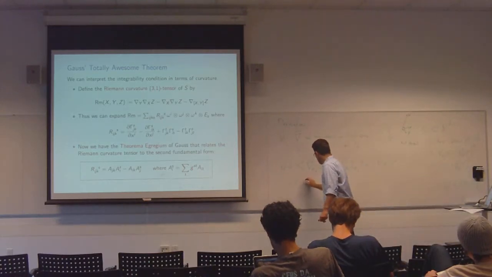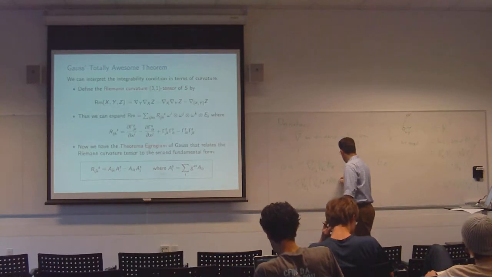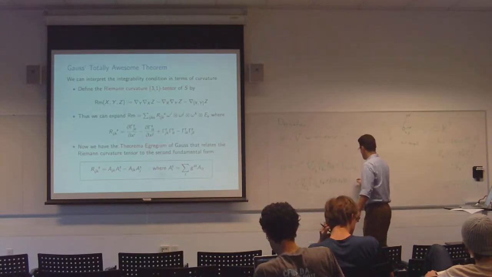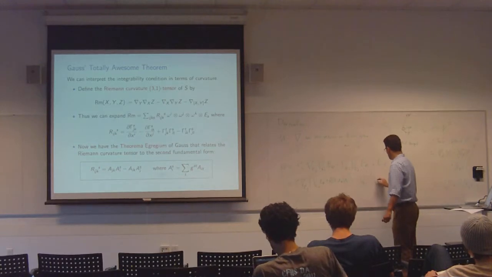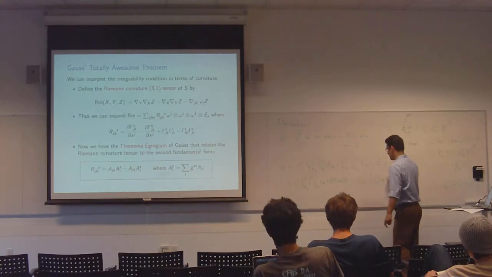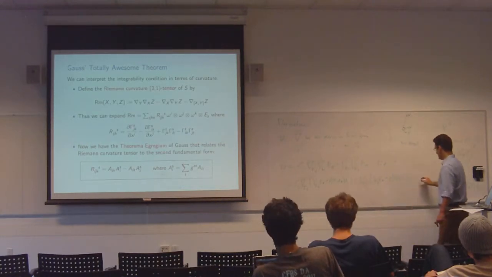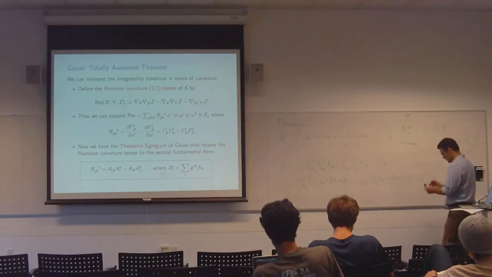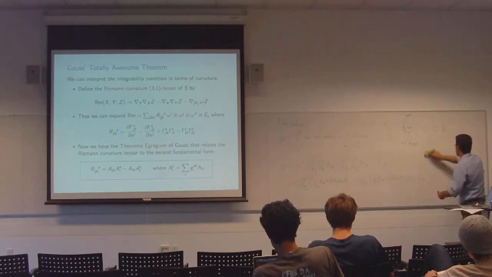So this becomes 0 equals the derivative in the ej direction of the intrinsic derivative ei ek plus the second fundamental form of ei ek in the n direction, and then minus the Euclidean derivative ei acting on the intrinsic derivative ej ek plus the second fundamental form of ej ek times the normal vector, and then comma el, close that bracket. So I stick in the formula where I need it.